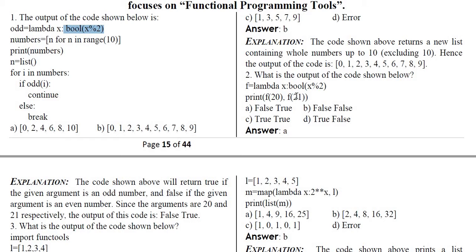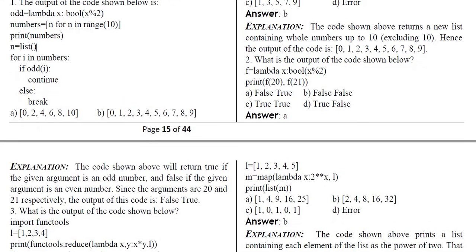These are the functions. So the code shown above will return true if the given argument is an odd value and false if the given argument is an even value, and 20 is even. So for 20 it will return false, and for an odd value it will return true. So your output will be false and true.